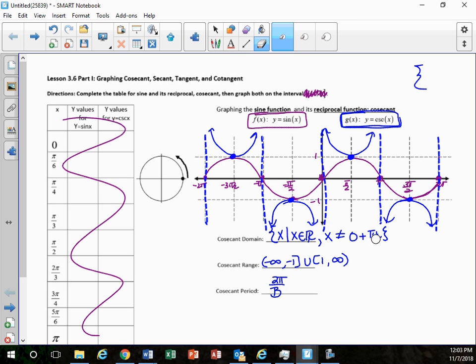So it's saying every positive or negative pi from there. Now, since we started at 0, could we have just said pi k? Yes. But if you want to be consistent when these things change, it's always good to have where an asymptote is and how far apart the asymptotes are. Okay, so this is plus pi k.